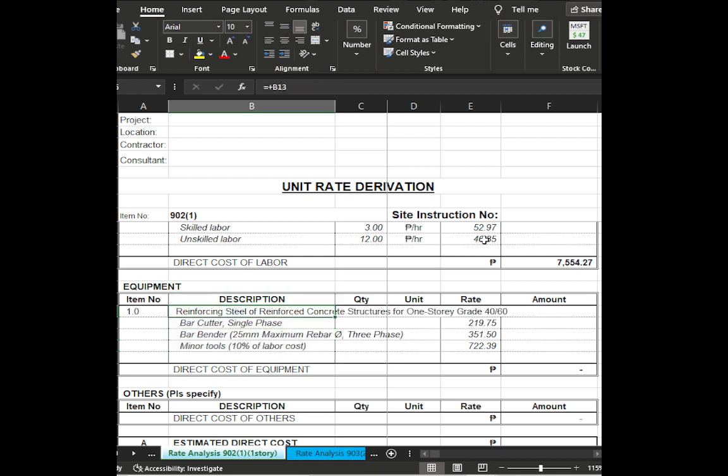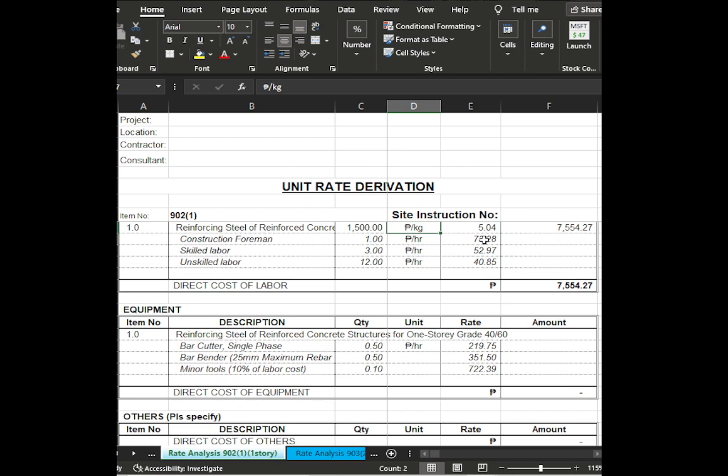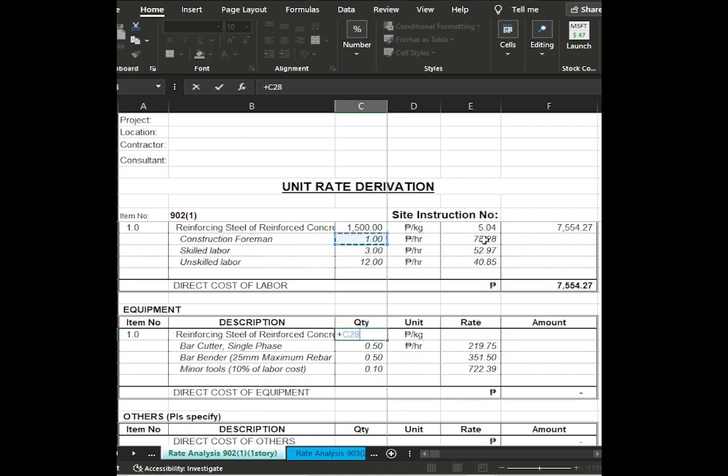So this one, bar cutter, then bar binder, minor tools. So we need 0.5 hours, 0.5 hours. Then for the minor tools, 0.1. So the unit is, we'll get it from here, and we'll get the quantity.